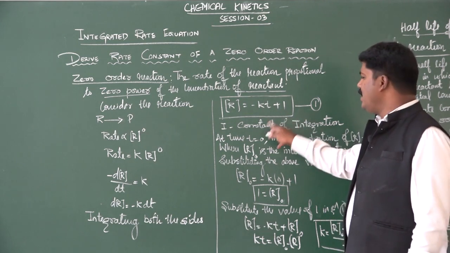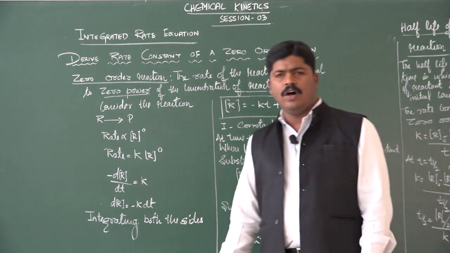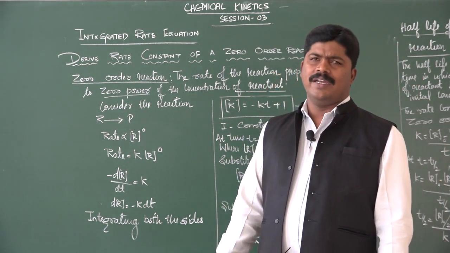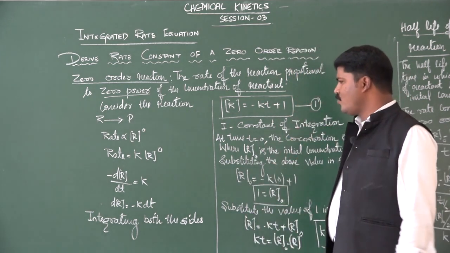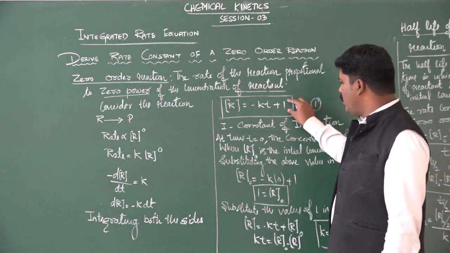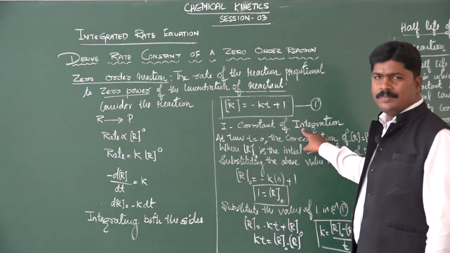We say I is called the constant of integration. Whenever we perform integration, we have to end up with plus I. So we have got equation 1, and the new term I is nothing but the constant of integration.